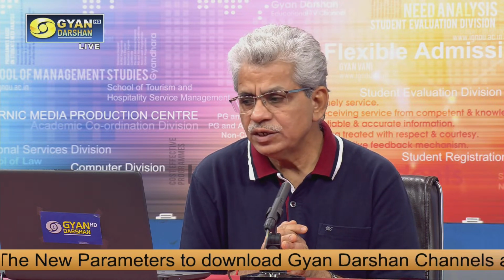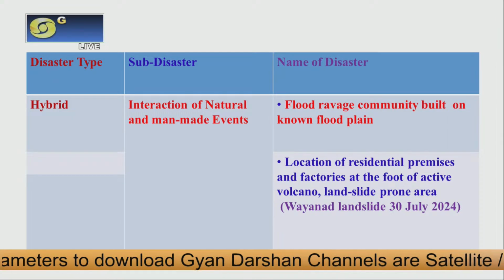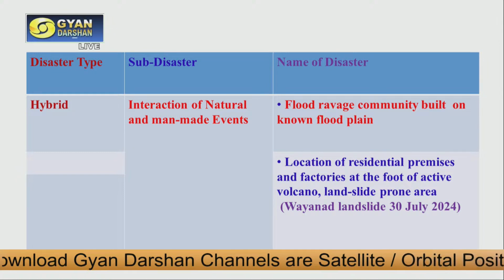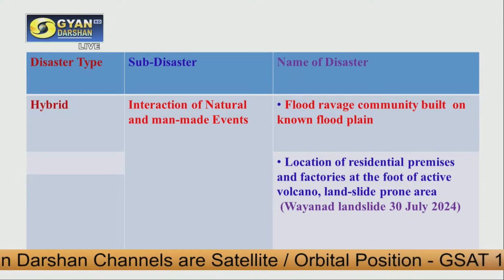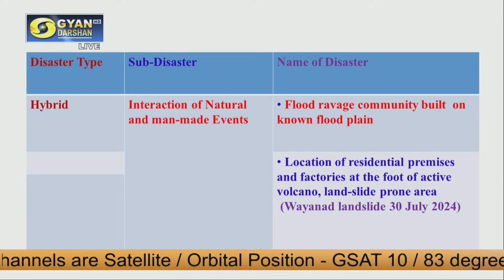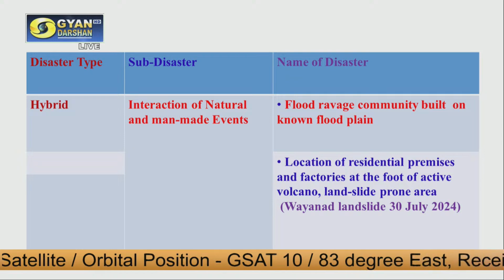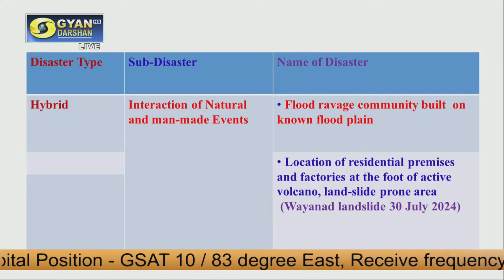Second one is location of residential premises and factories at the foot of an active volcano or landslide prone area. So you are simply inviting a disaster to happen, basically. A very good example of this hybrid disaster is the Wayanad landslide, basically.